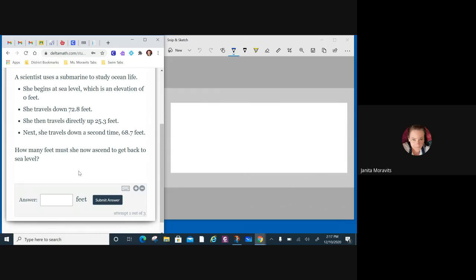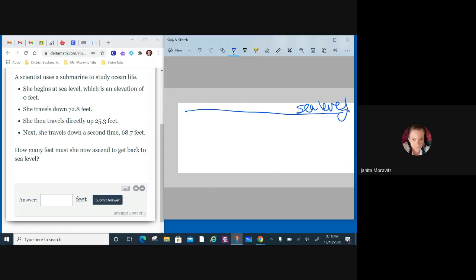All right, so here's our line. And we're going to say, since that's blue water, that's sea level right there. Okay? This is sea level or 0. Now, her submarine goes down 72.8 feet.